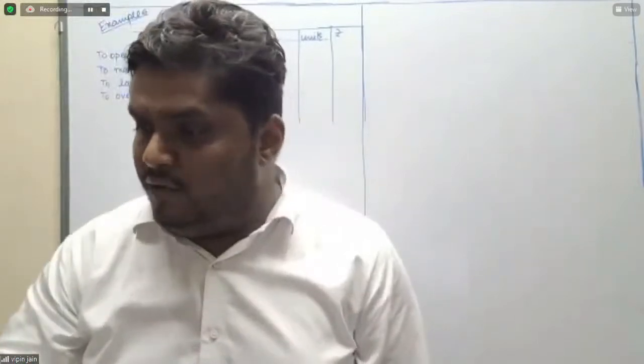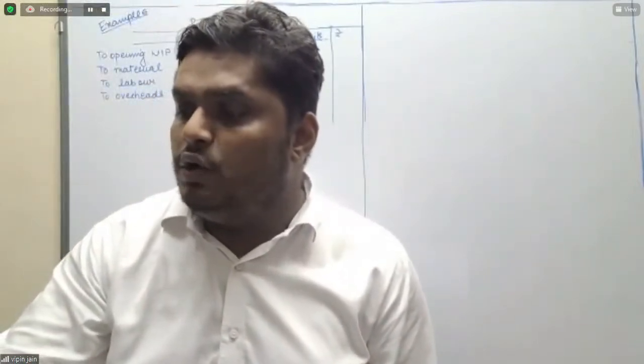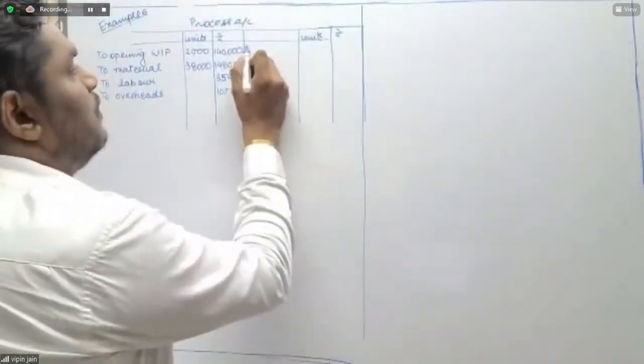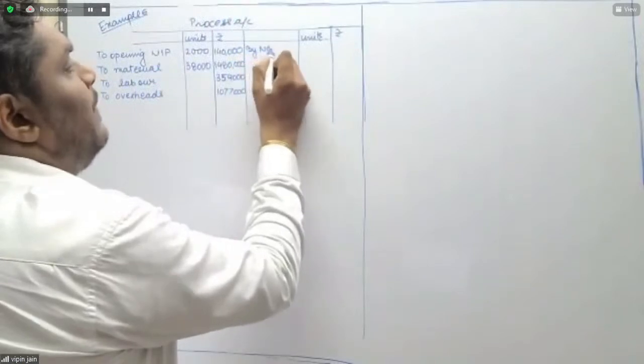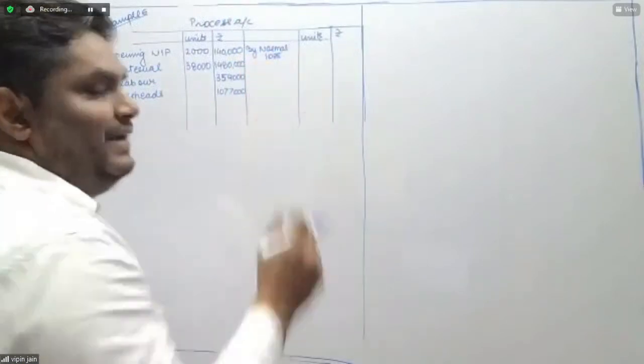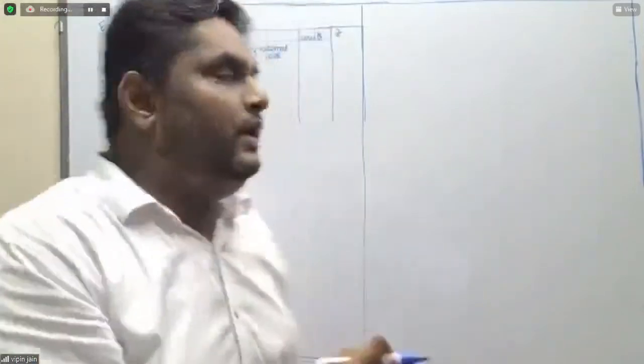Now it is given in the question that normal loss is 5% of the total input, including opening work in progress. So normal loss is 5% of the input that are made during the year plus opening work in progress.